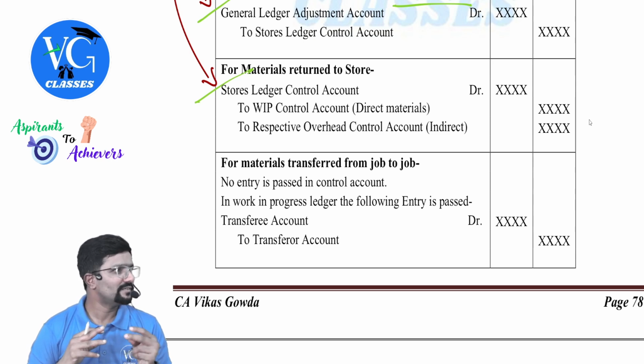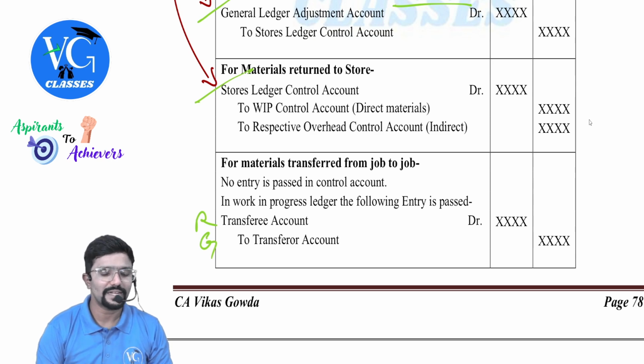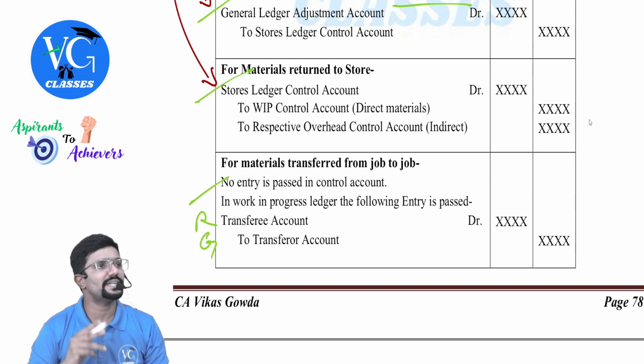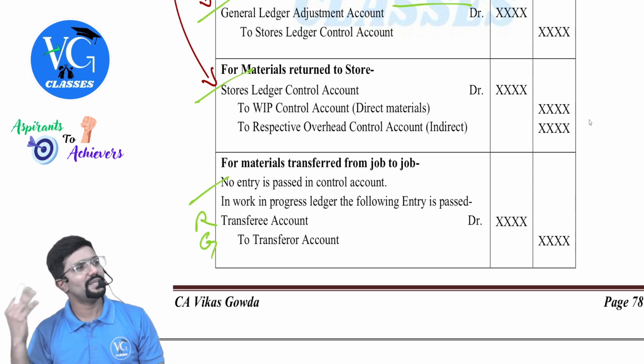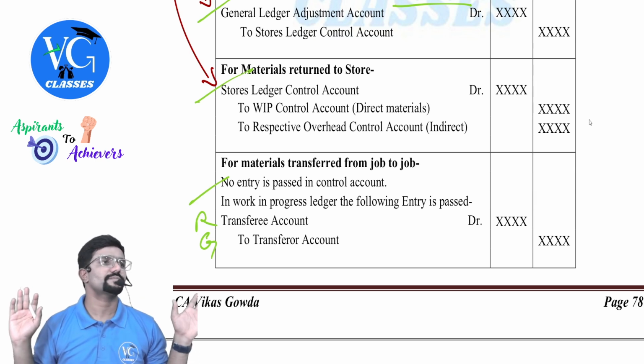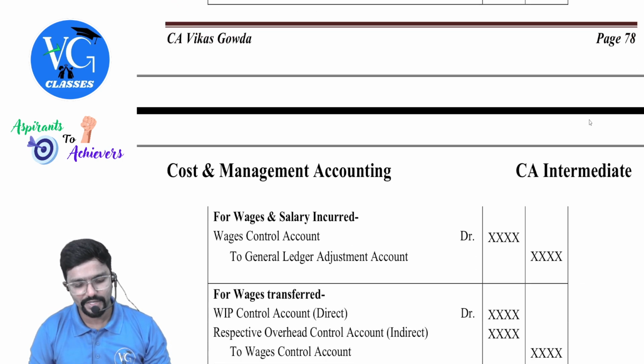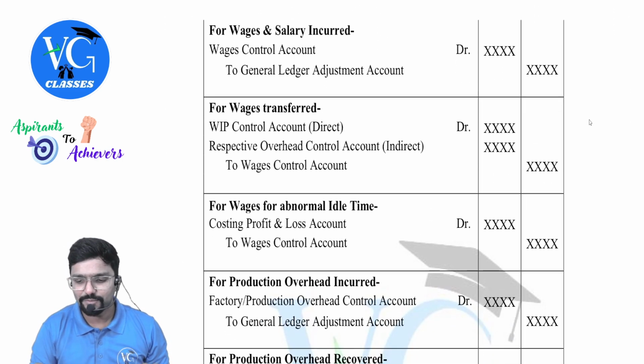Transferee means the receiver, transferor means the giver. Are we posting this? No, we are actually not passing this entry at all. Only in WIP they will pass it. For academic purposes, if anything like this is there, you don't pass any entry. Job to job transfer: this also has no entry.